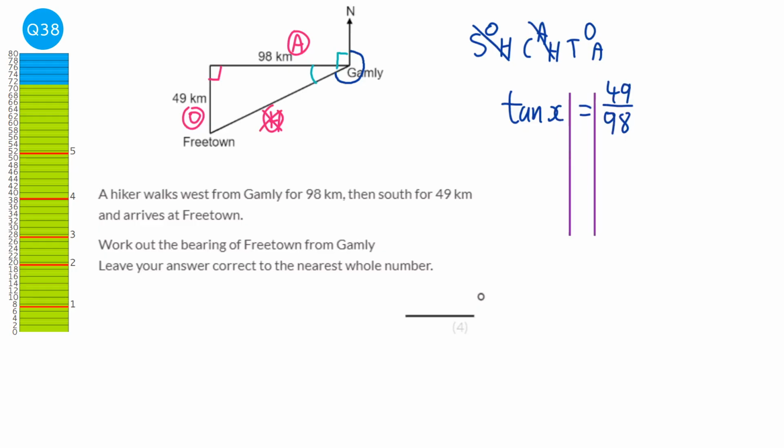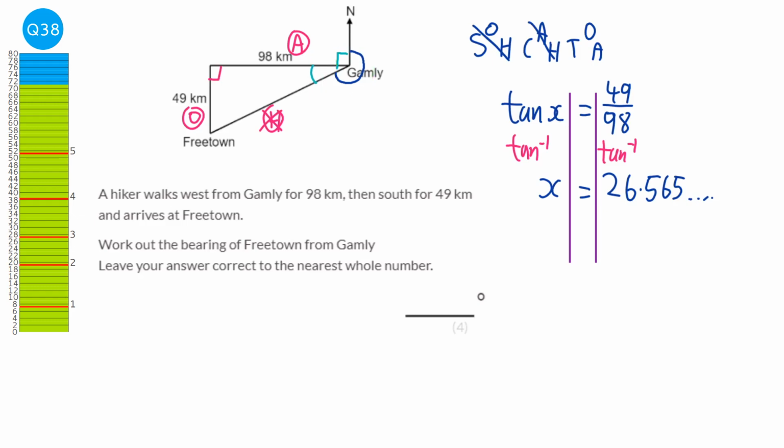Get our lines in. And we're going to do the inverse tan to both sides. So we get x equals, and we do inverse tan, which is 26.565, and so on. Okay, so we know that the whole of the way around up until this point is 270 because we've got this 90 degree left.